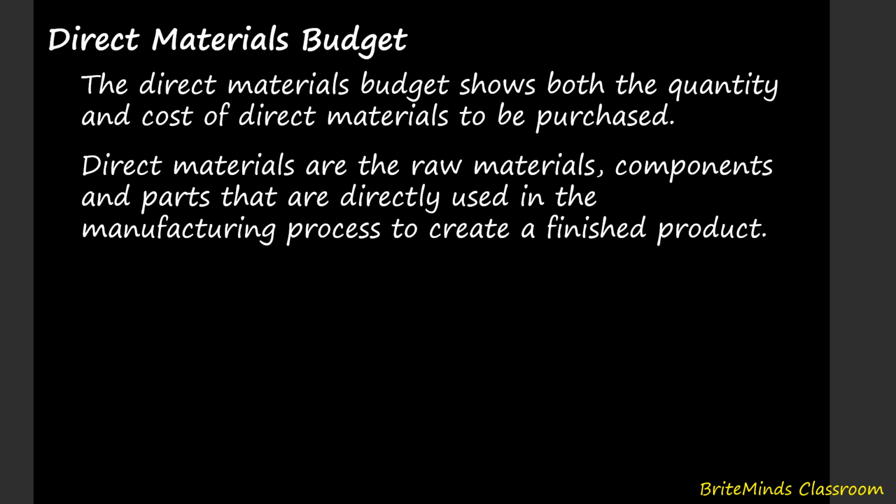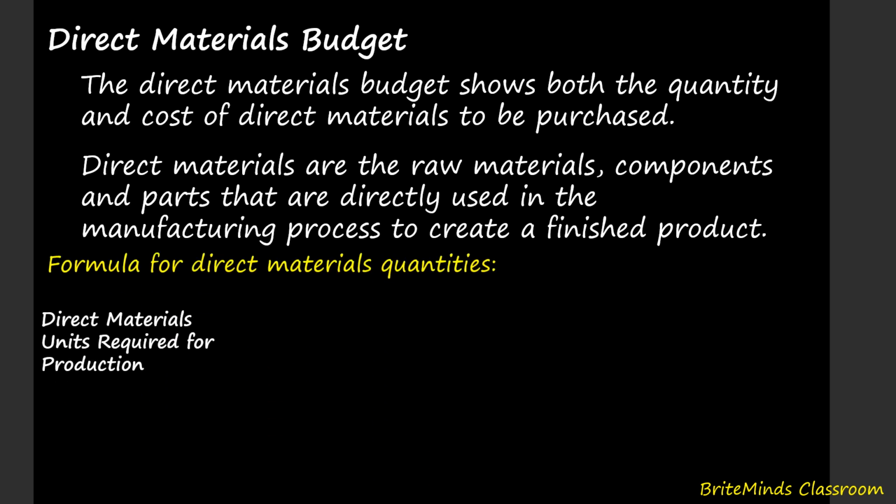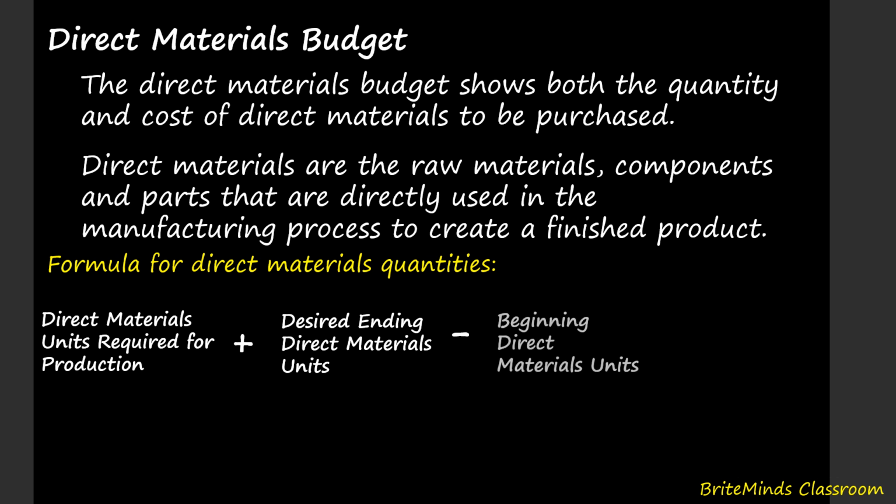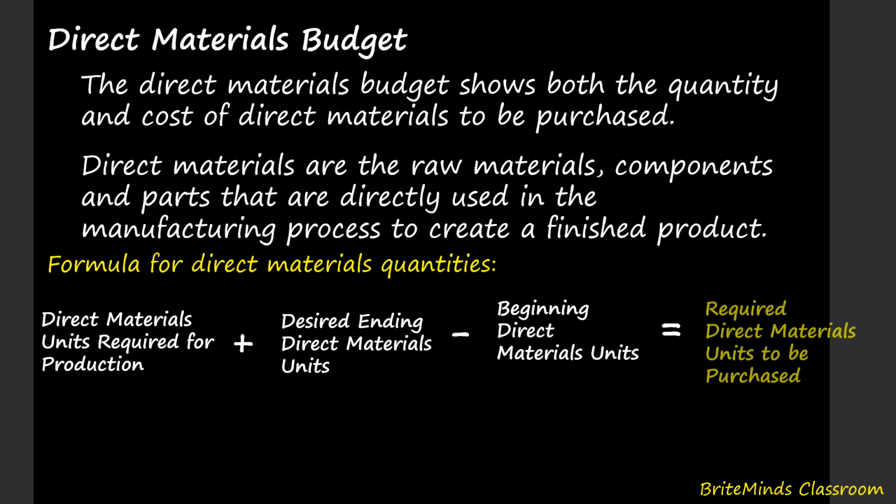We have the following formula: direct material units required for production plus desired ending direct material units, minus the beginning direct material units, equals required direct material units to be purchased.